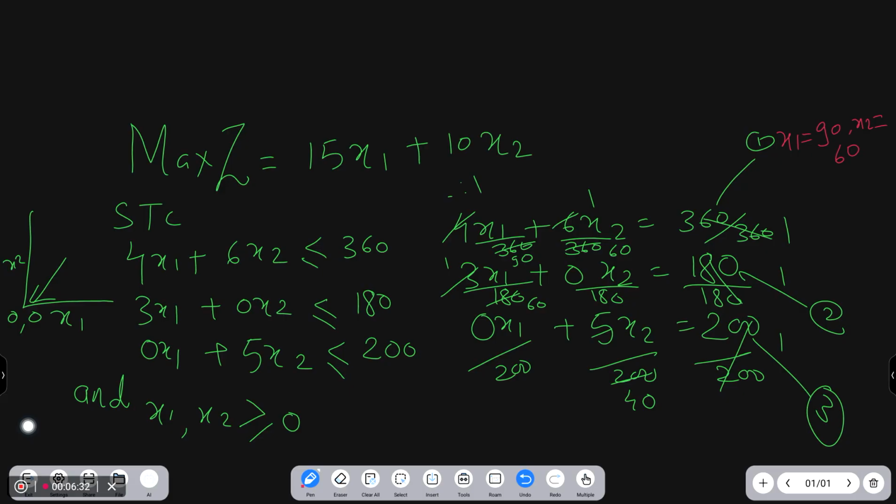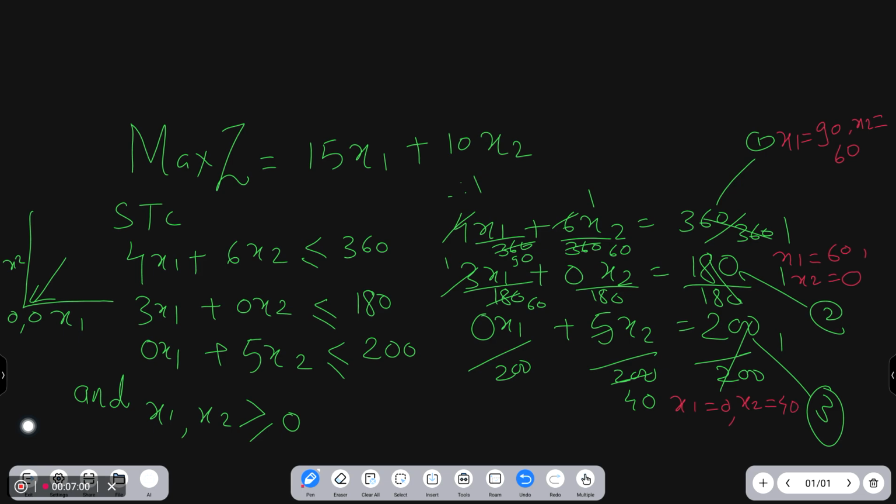What about the second one? In the second one, x1 is equal to 60 and x2 becomes 0. What about the third equation? In the third equation, x1 is equal to 0 and x2 is equal to 40.